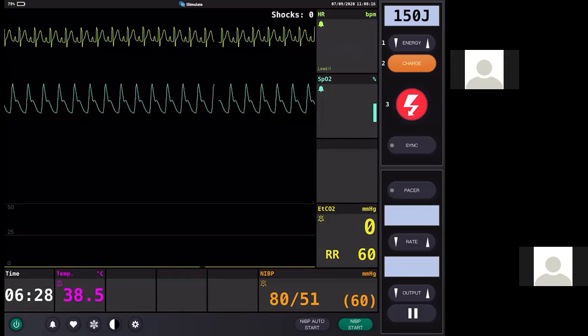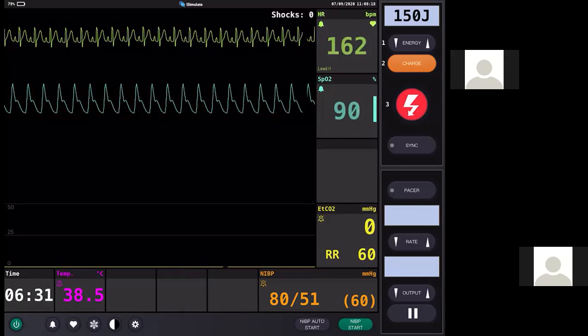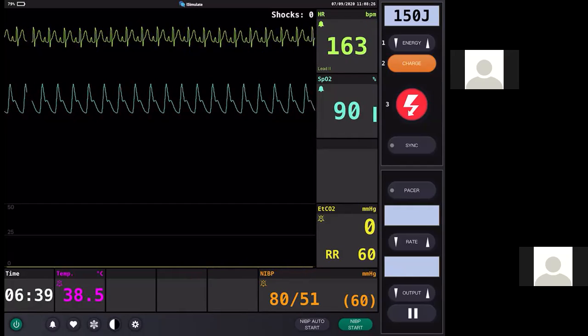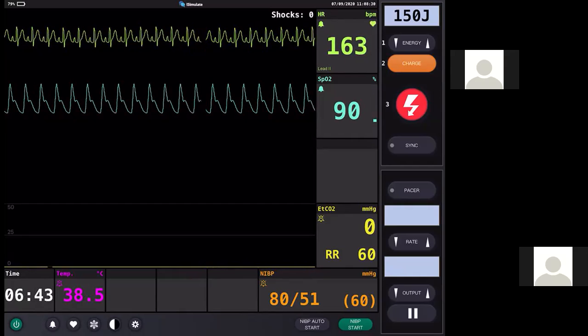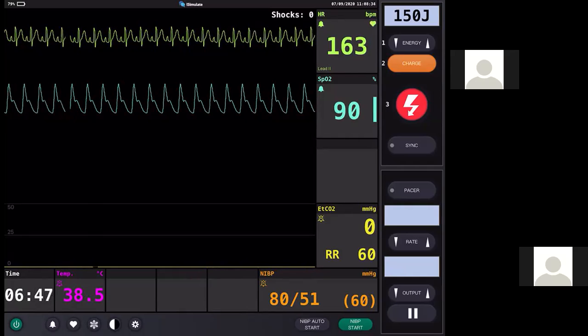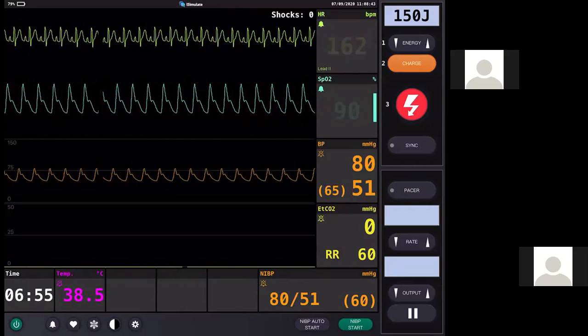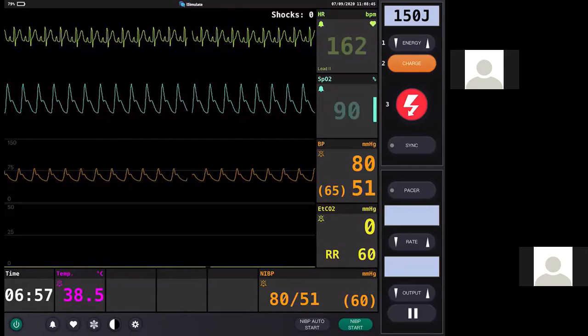But in order to show the relationship between all the hemodynamic parameters of this child, I will put the intra-arterial blood pressure monitor back on so you can see how blood pressure changes with heart rate. In reality, this is the way your screen is going to look. So now we are seeing the blood pressure.